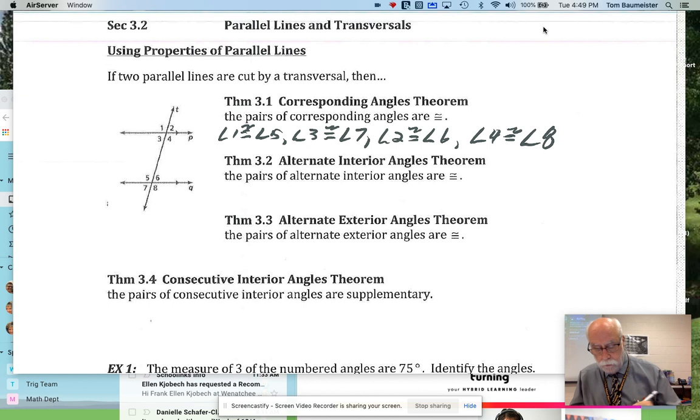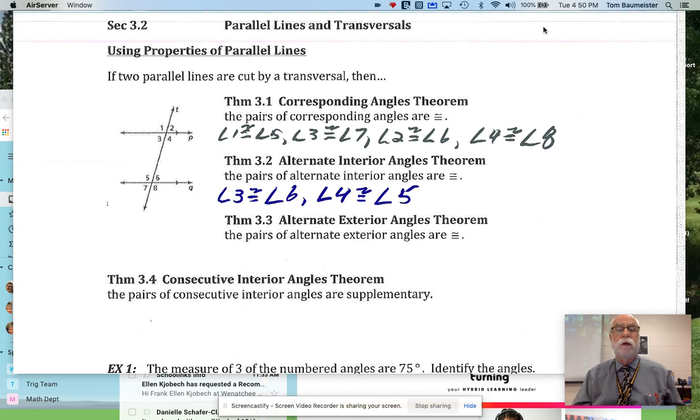So I just say angle 3 is congruent to angle 6, and angle 4 is congruent to angle 5.